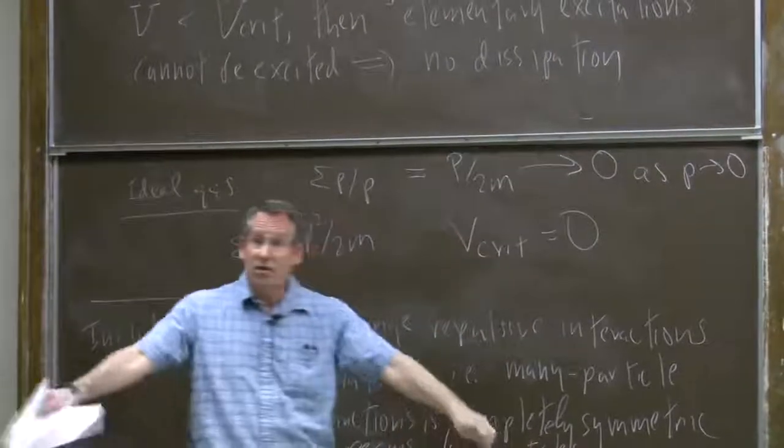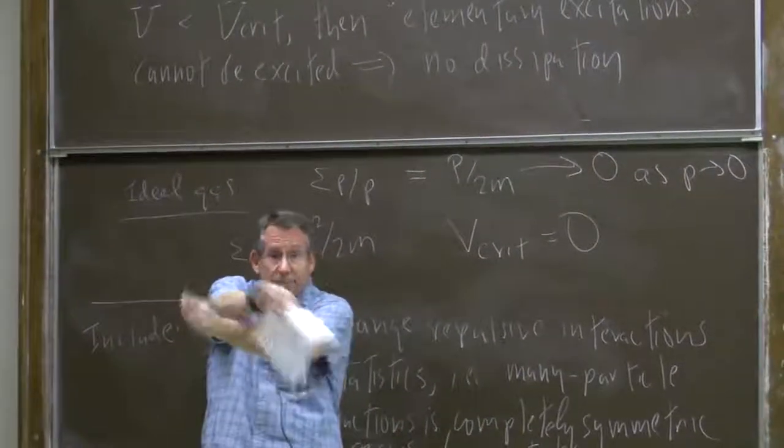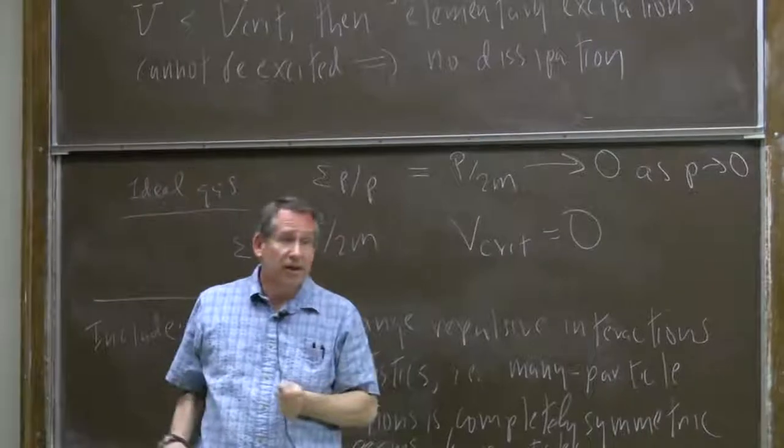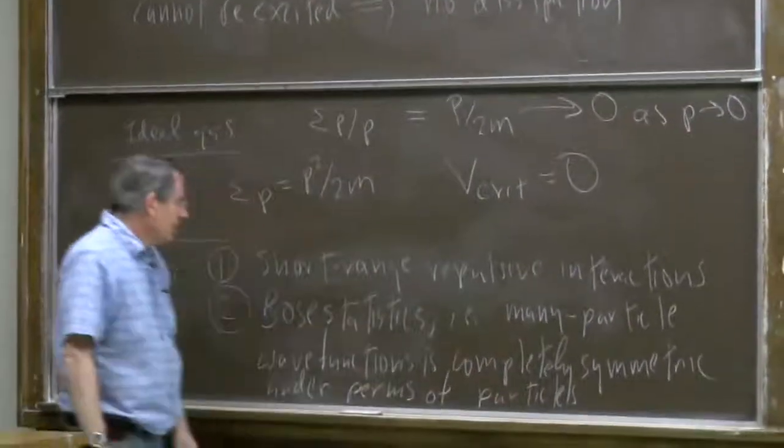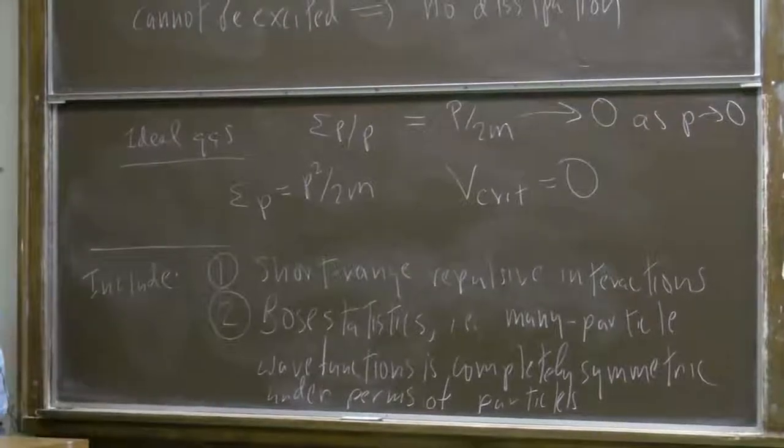I can exchange any two particles and the wave function stays the same. So I can build any permutation of the particles out of a sequence of transpositions. So for any permutation, the wave function has to be unaffected.